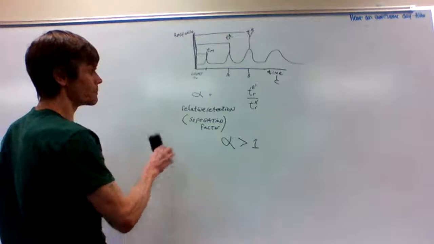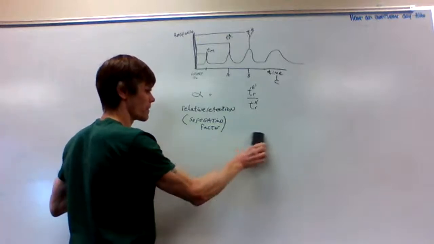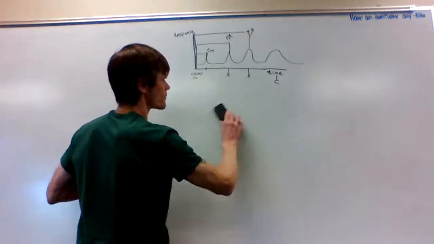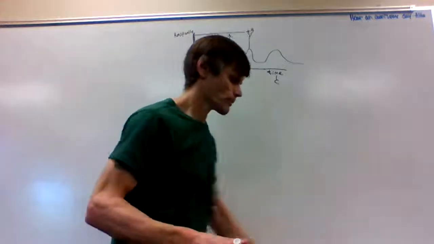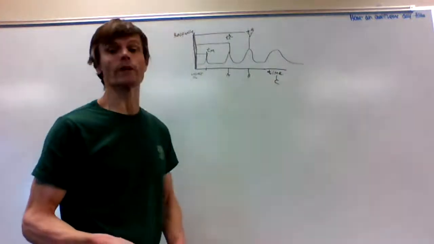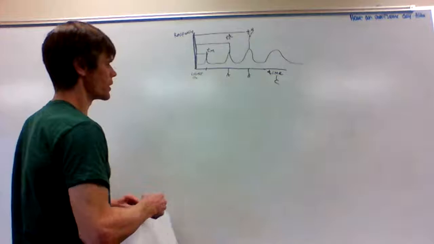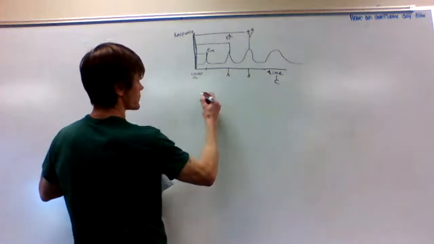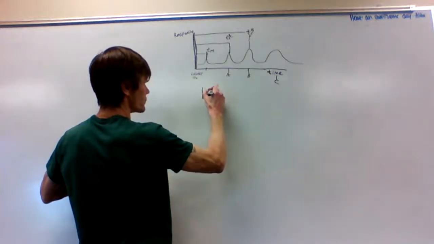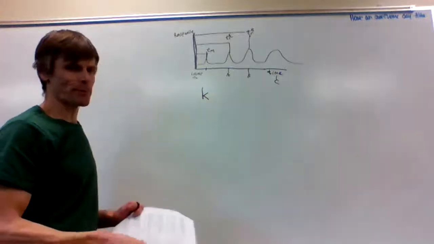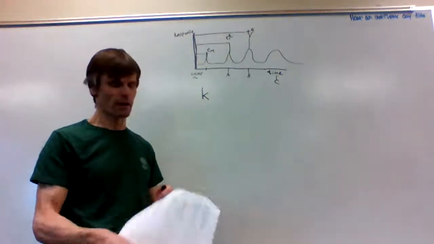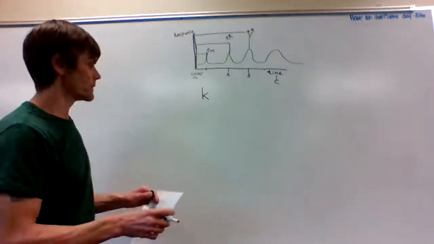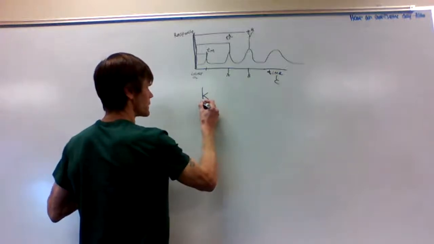Another important piece of information is what we call the retention factor. And this is a lowercase k. So lowercase k. Remember, we discussed capital K was an equilibrium. This is not an equilibrium constant. This is called the retention factor.